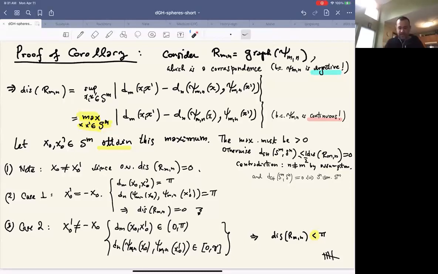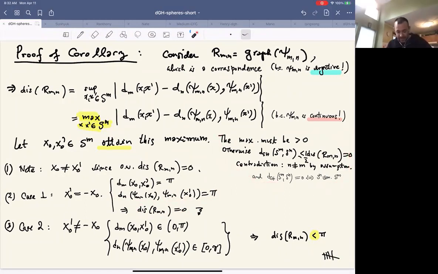If x0 prime is antipodal to x0, then the distance between x0 and x0 prime is pi. But then also, the distance between the images will be pi, because the map phi_mn is antipode preserving. So therefore, the maximum will again be 0. So therefore, distortion is 0. That still contradicts, so that cannot be the case.